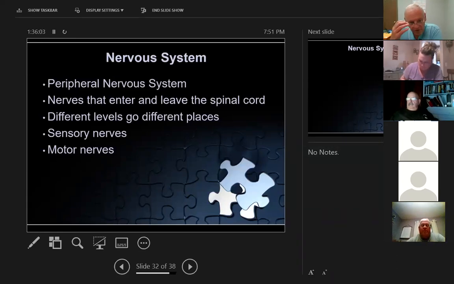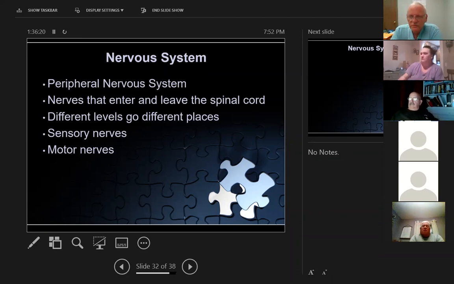The brain's going to say, oh boy. So it sends a signal down the spinal cord to go out the motor nerve that controls my hand to say, hey, dummy, move your hand. The motor nerves tell the muscles what to do. The sensory nerves are telling the brain what's going on.